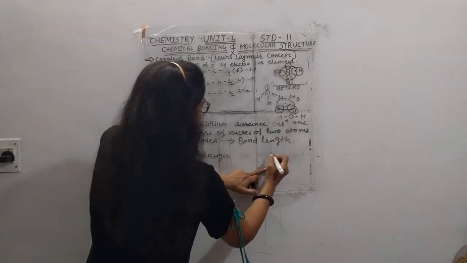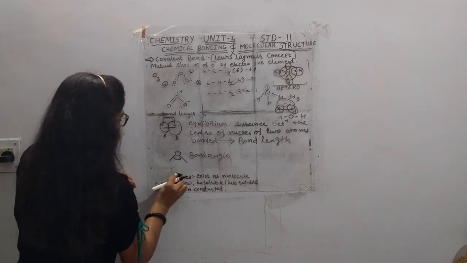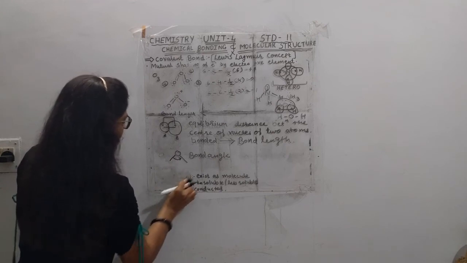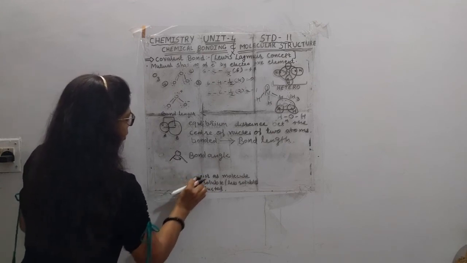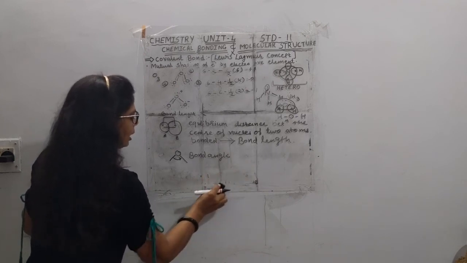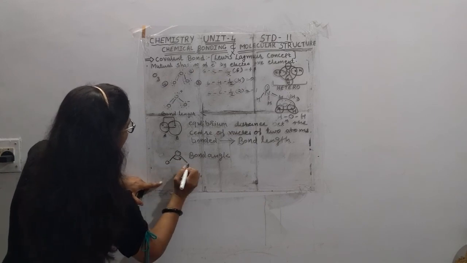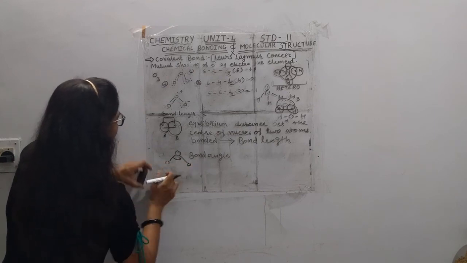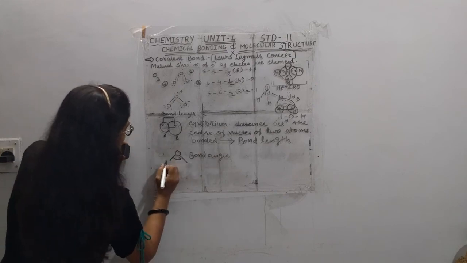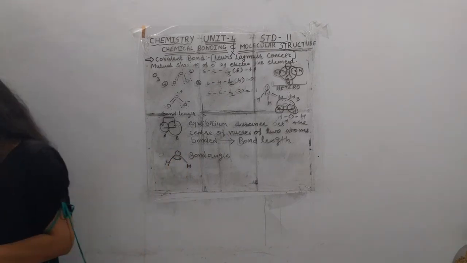Same way if we think about the H2O molecule, then also the angle between the two atoms which took part in the bond formation is known as the bond angle. So here this is O, and this is H and H. So this is the bond angle.